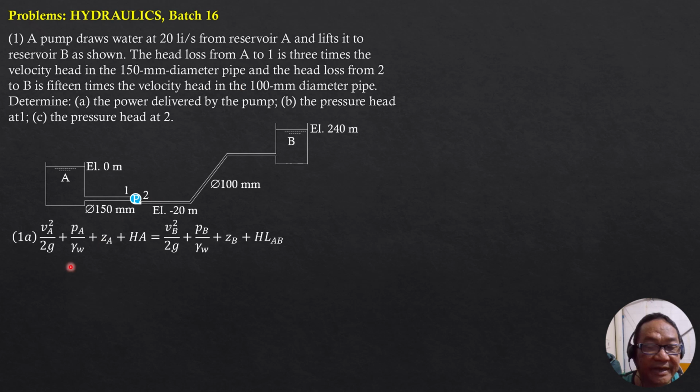So we have 0 plus 0 plus 0 plus head added equals 0 plus 0 plus 240 plus quantity 3 times the velocity head in the 150 mm diameter pipe, so 3 times V1 square over 2g, plus 15 times V2 square over 2g.